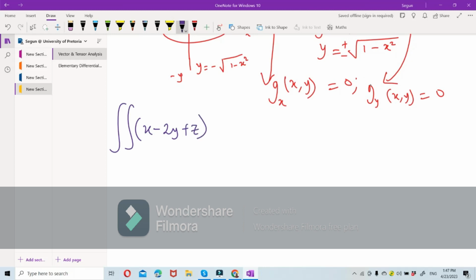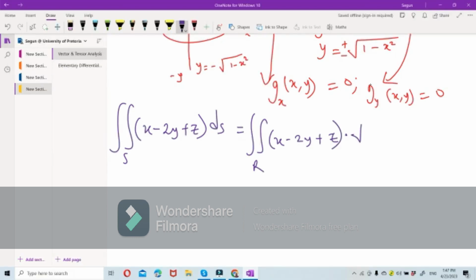This is x, the integral of r, you have x minus 2y plus z multiplied by square root of 1. Because it's only square root of 1 that remains. Or square root of 1 dA. You can say square root of 1 dA.